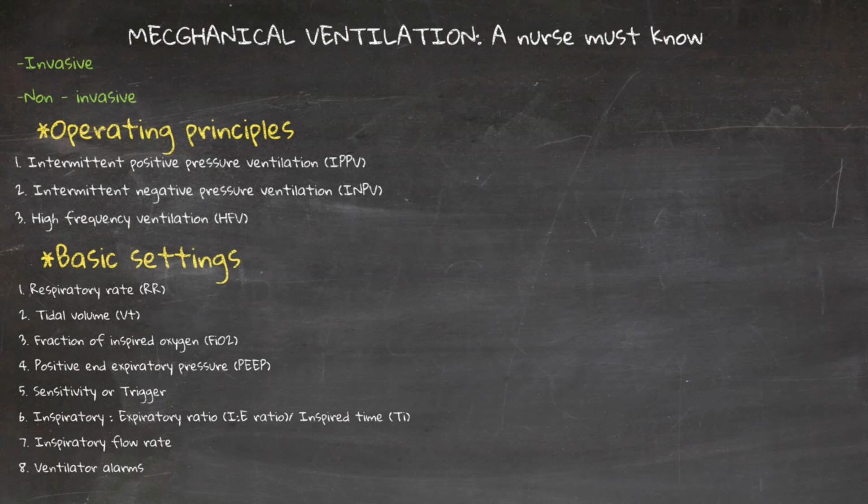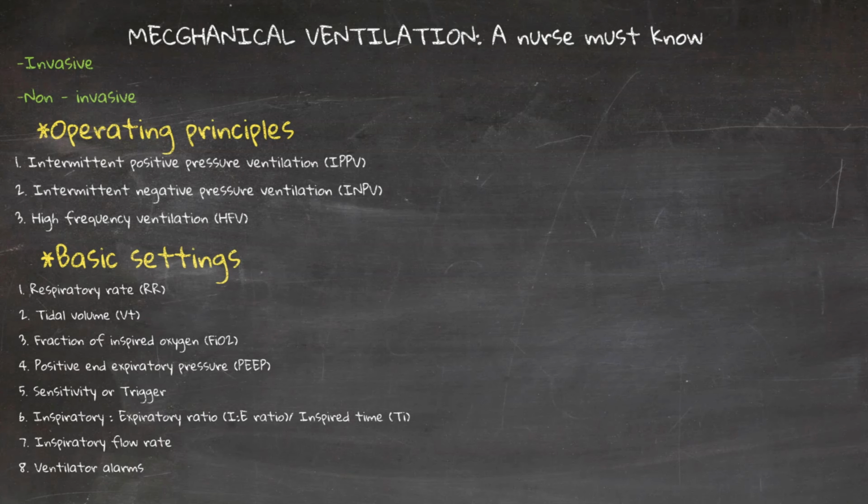Ventilator settings are tailored to the underlying condition, but the basic ones are the respiratory rate, tidal volume, fraction of inspired oxygen or the FiO2, positive end-expiratory pressure or the PEEP, sensitivity or trigger, and the inspiratory-expiratory ratio. So the IE ratio refers to the ratio of inspiratory time and expiratory time.